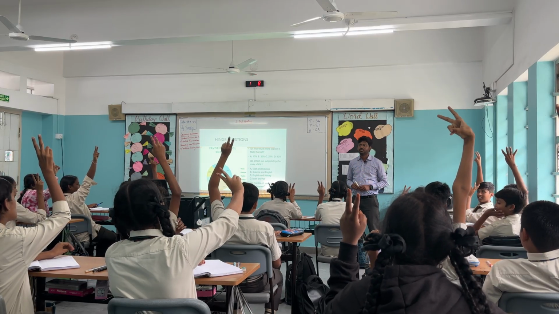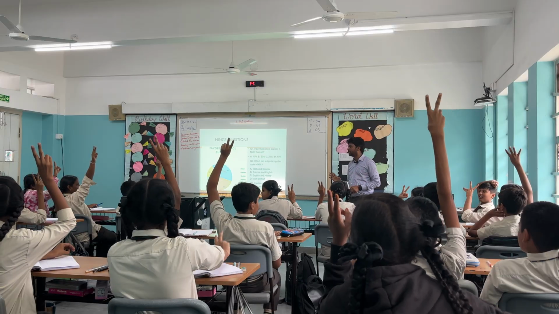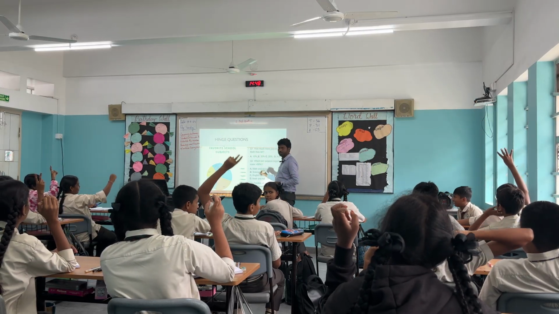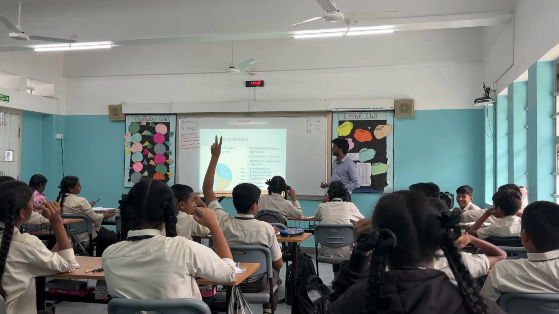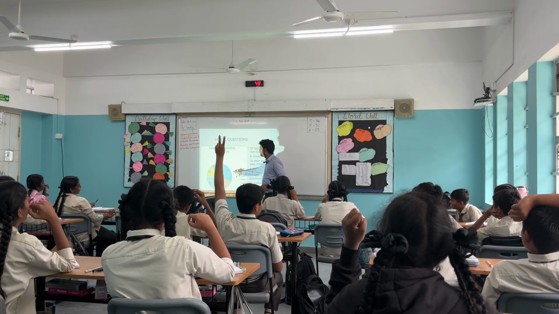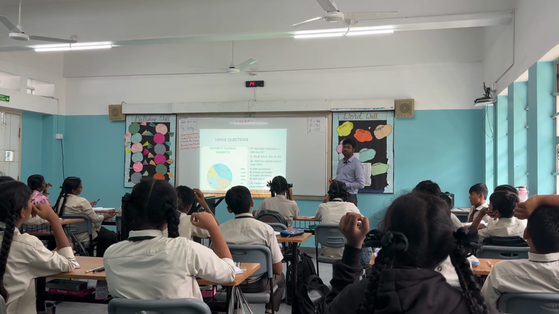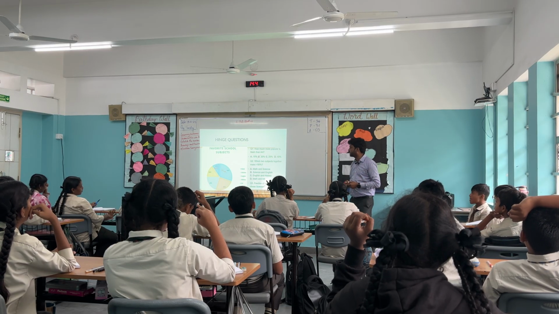Okay. So 99% of the children have shown it as 2. That means B is the answer. Good, very good. As math is taking 30 percentage and art is taking 10 percentage, the difference between them is how much? Very good, that's correct.